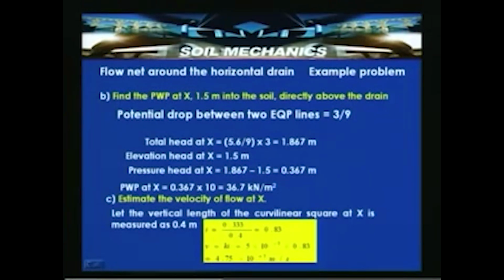So in this problem, what we tried to do is to determine the seepage or discharge through the drain per meter length, and then by treating the long horizontal drain as a two-dimensional problem, we constructed the flow net, and it has two flow regions. By using the method of flow net construction, the flow nets are constructed by approximating curvilinear squares, and then we determine the number of flow channels and number of potential drops.